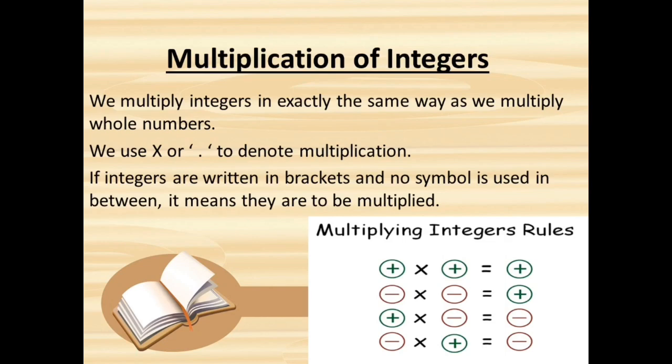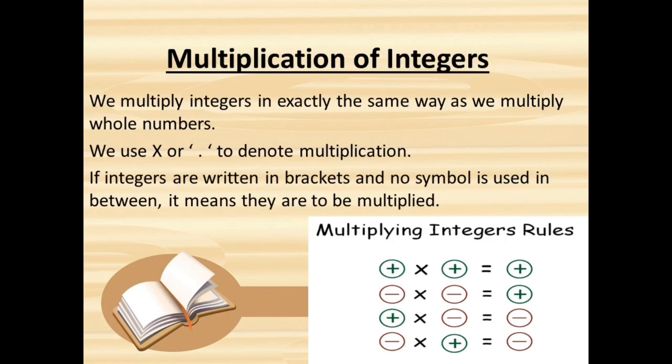Now students, rules for multiplying integers are shown here. Please see, the first rule says that on multiplying a positive and a positive integer, we will get our answer as positive. The second rule says that on multiplying a negative and a negative integer, we will get our answer as a positive integer.